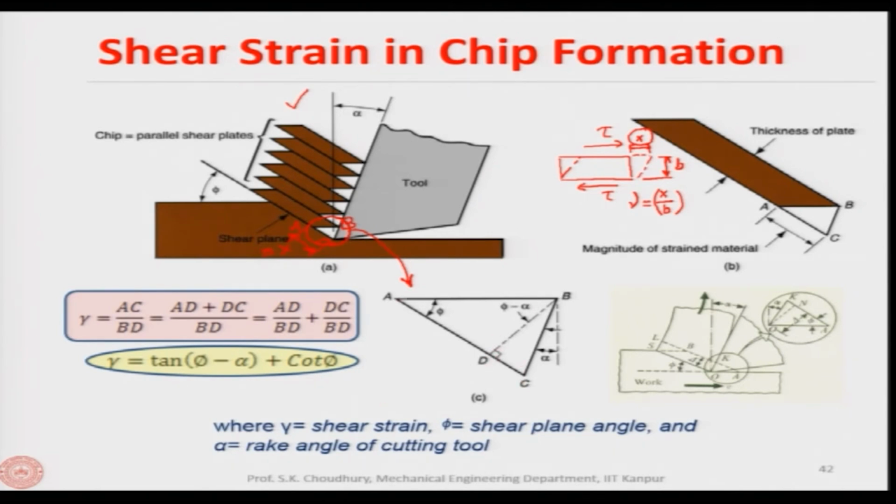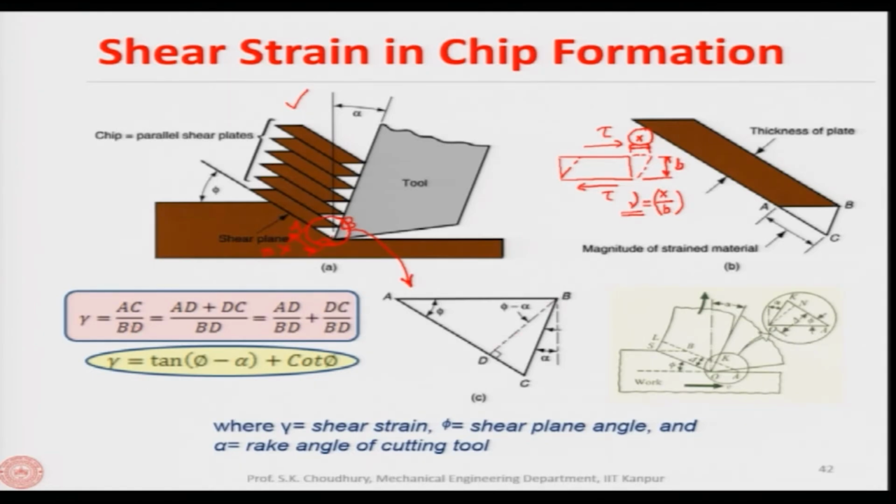Once again, this is the triangle with AC, the movement equivalent to x because of the shear force applied from the tool. Therefore, the strain is AC, that is x, divided by B, which is BD.